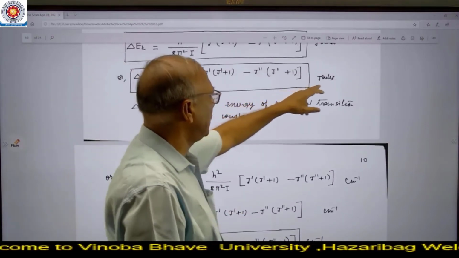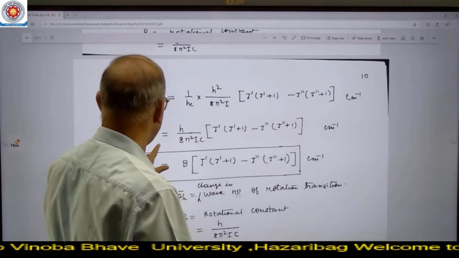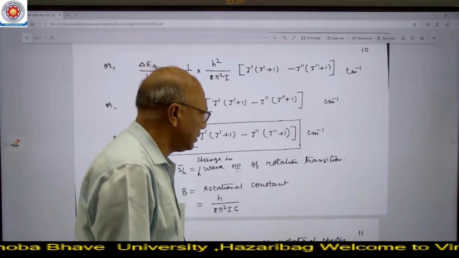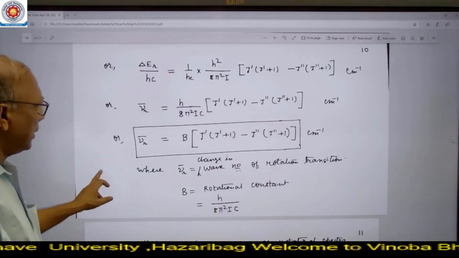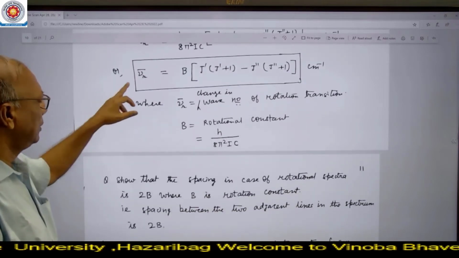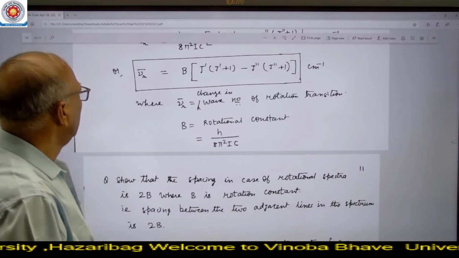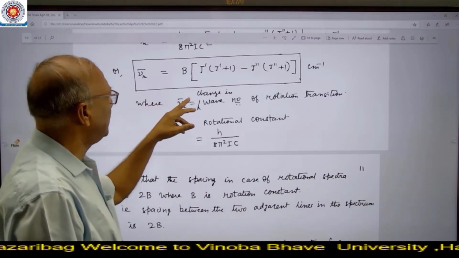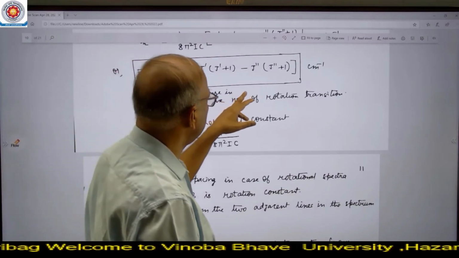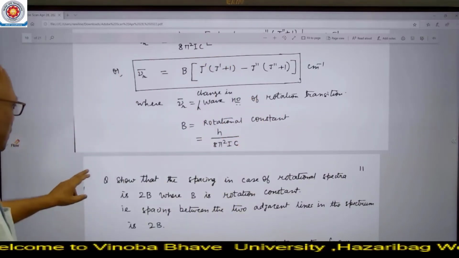Earlier the unit was joule, but when expressed in terms of wave number, the unit becomes centimeter inverse. Finally we give the expression: nu bar is equal to B, J prime into J prime plus 1 minus J double prime into J double prime plus 1, per centimeter.